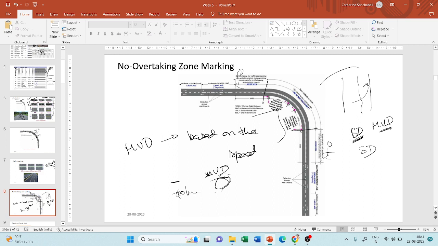I will find out the minimum visibility distance from this table, and then I will ask two persons, say A and B, to stand apart from each other at a distance of minimum visibility distance. So I position A here at one point, and I will ask B to stand at some point ahead of A such that the distance between these two is the minimum visibility distance.